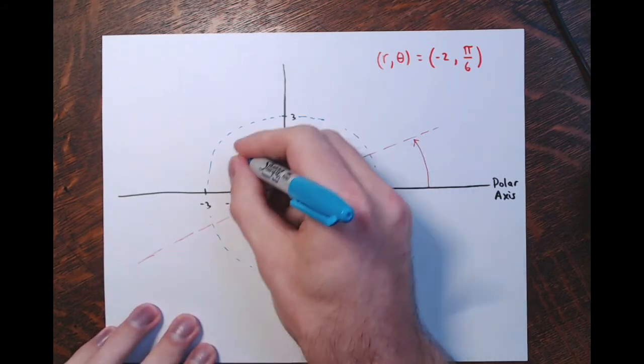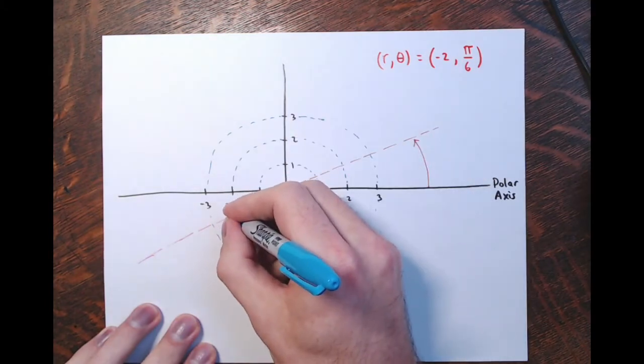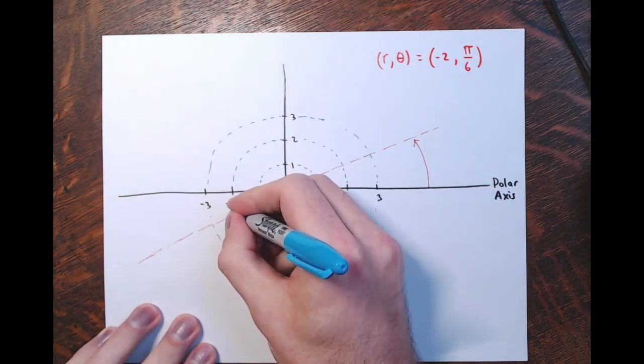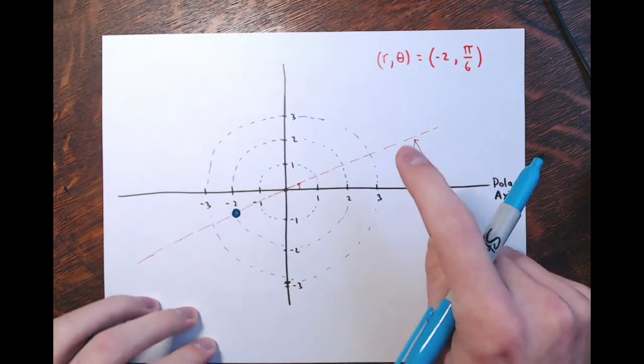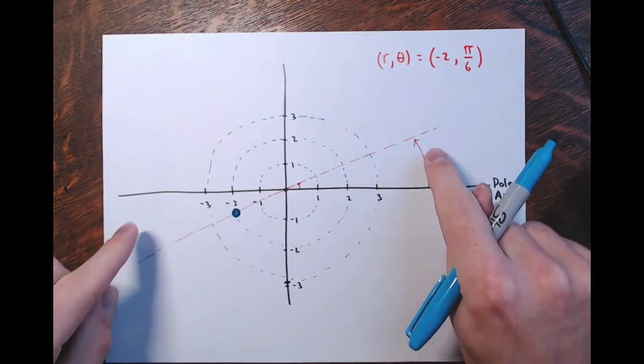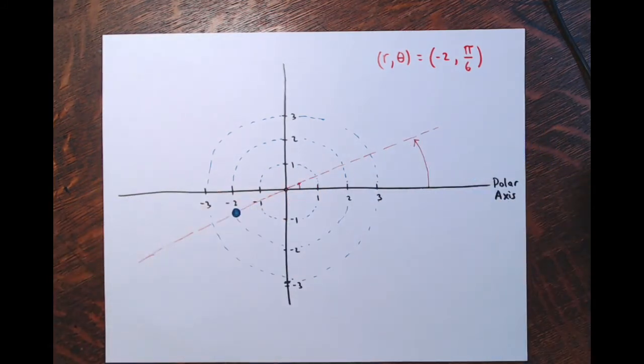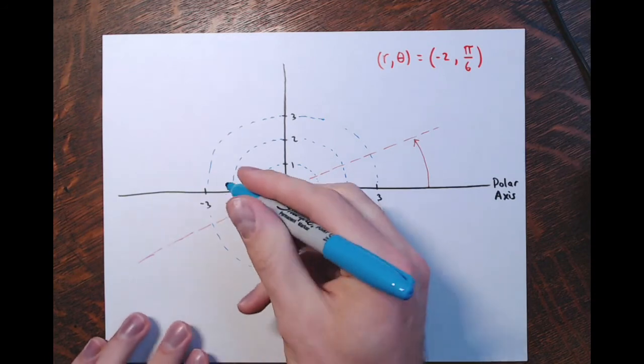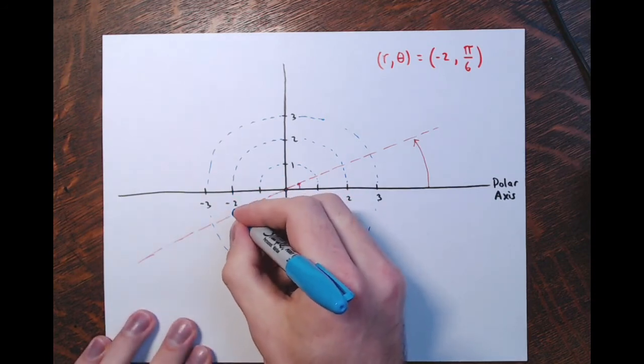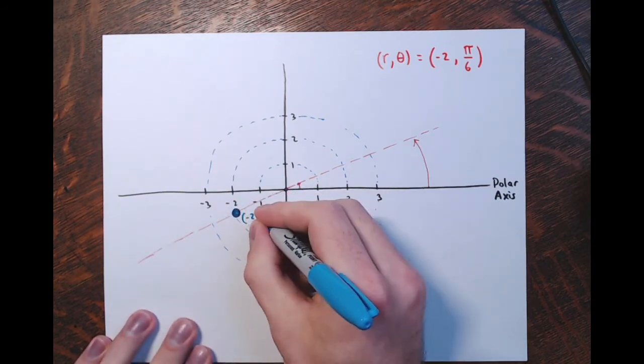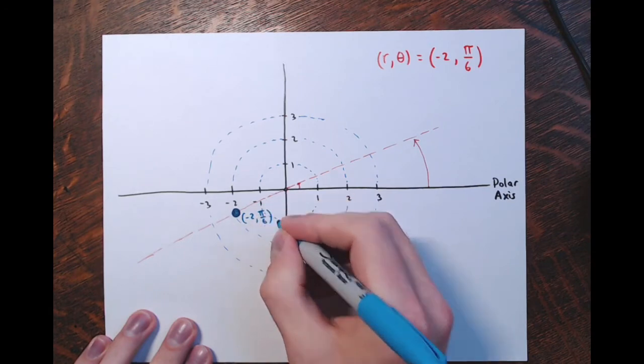On this circle with a radius of 2, here's where negative 2 would have gone if I rotated the whole polar axis pi over 6 radians in the positive, counterclockwise direction. So there's the point (negative 2, pi over 6) in polar.